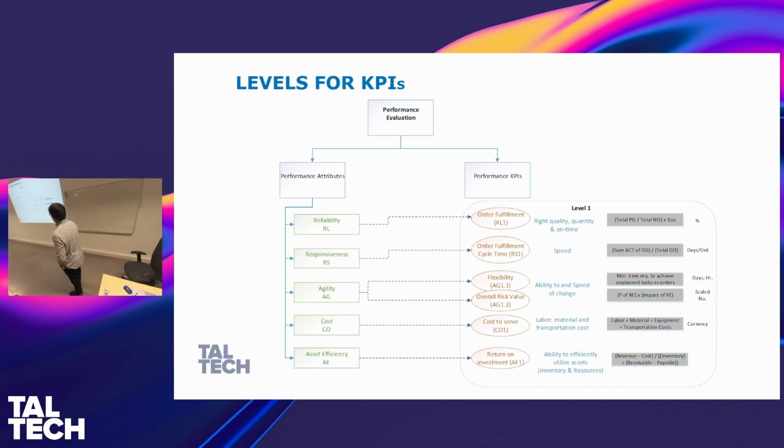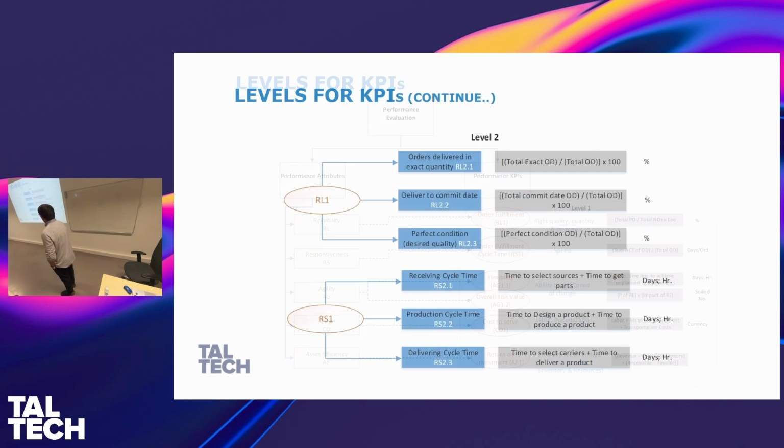So this is level 1, but it should be connected to the other levels, let's say the shop floor level. The second level is how reliability can be divided into 3 other kinds of KPIs. So we have deliver to commit date, order delivered in exact quantity, and so on. And responsiveness is connected with the cycle time, production cycle time, and delivery cycle time, so it's also connected with the logistics part.